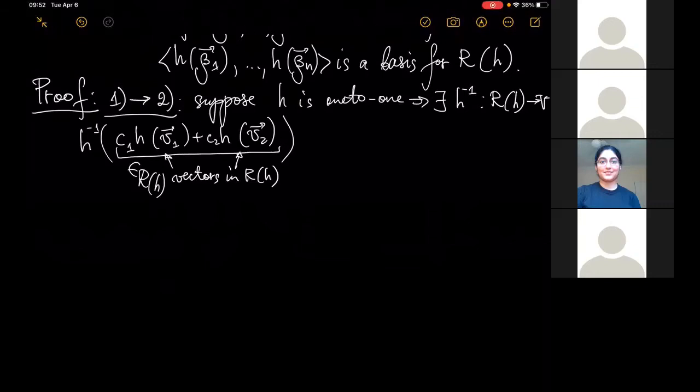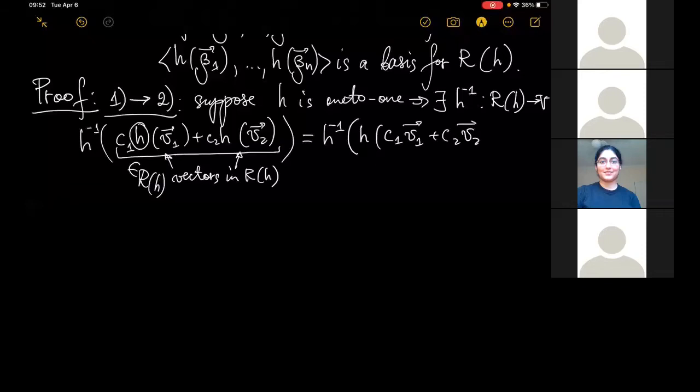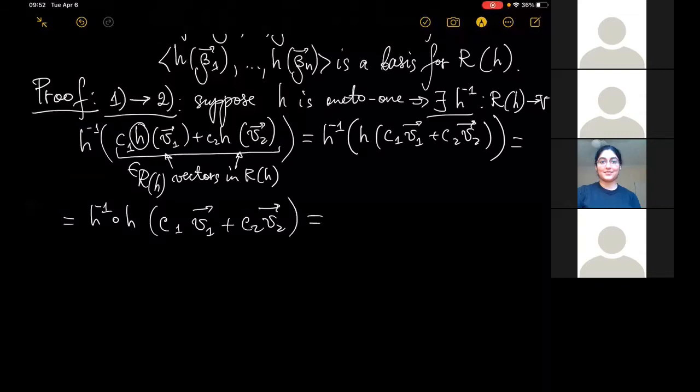Now, using linearity of my original H, I can write this as this. Because the inverse map is well defined, this is nothing else but H inverse combined with H, and the inverse map would give me C1 V1 plus C2 V2.